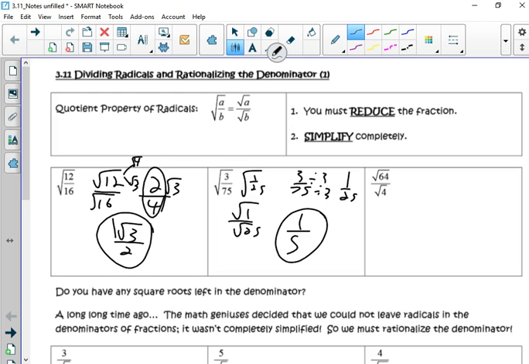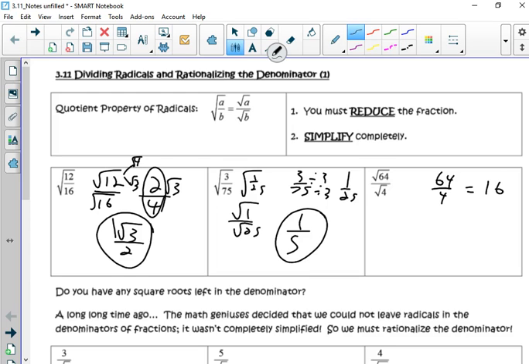Again here, radical 64 over radical 4. Radicals can reduce just the same way fractions can reduce. So if I just gave you 64 divided by 4 as a fraction, what would it be? How many times is 4 going into 64? 16 times. So this is really just the number 16.